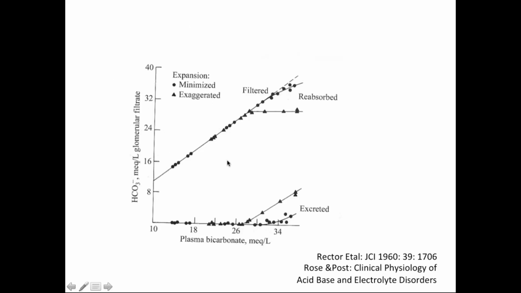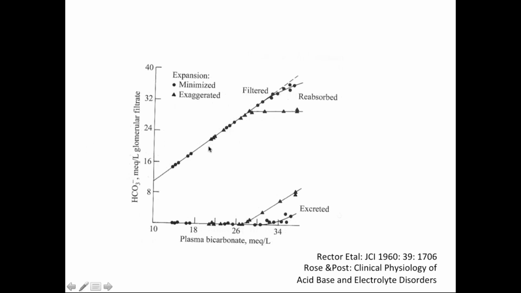This is depicted in this study that was done in 1960, where the circles are where there is minimal expansion in the intravascular volume, and the triangles are where there is an exaggerated expansion of the intravascular space.